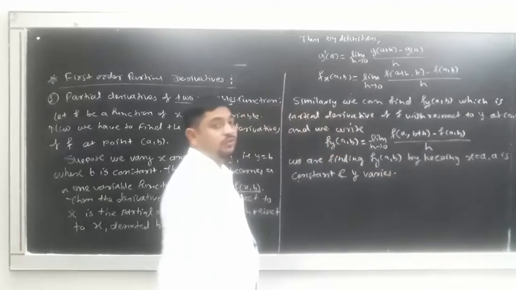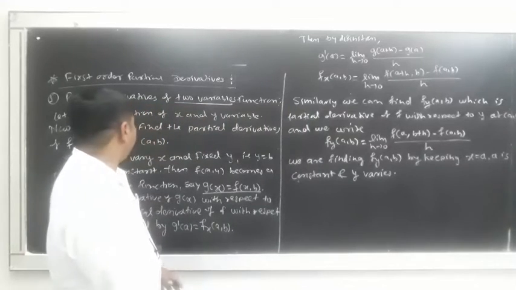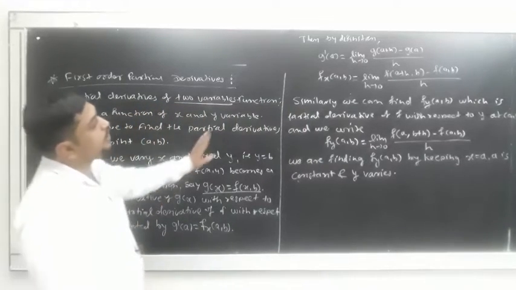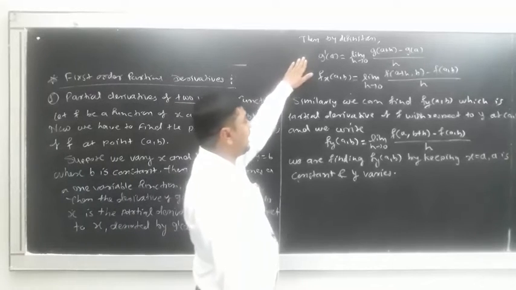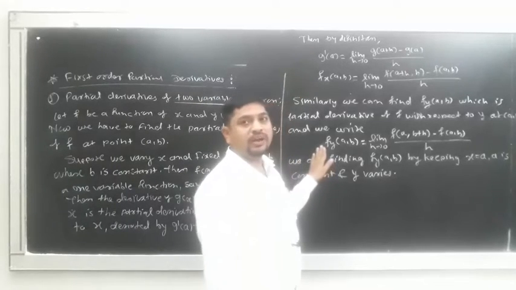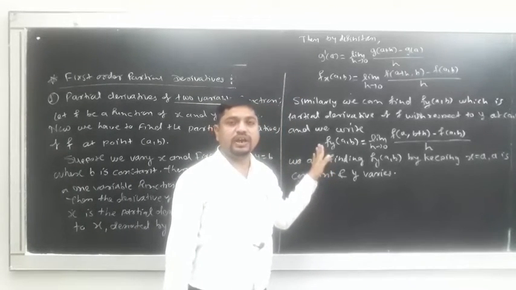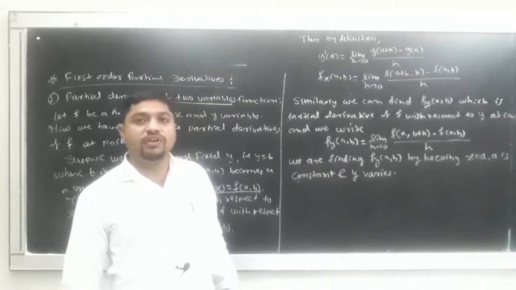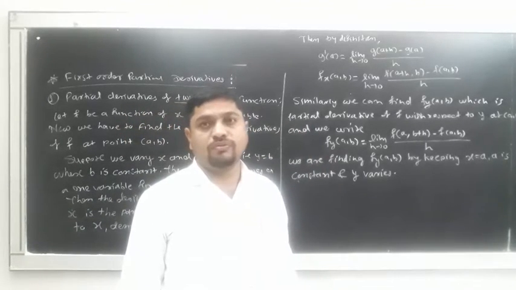Okay, what we did here: in fx we have to keep y constant, and in fy we have to keep x constant. And you have to take a derivative, an ordinary derivative.